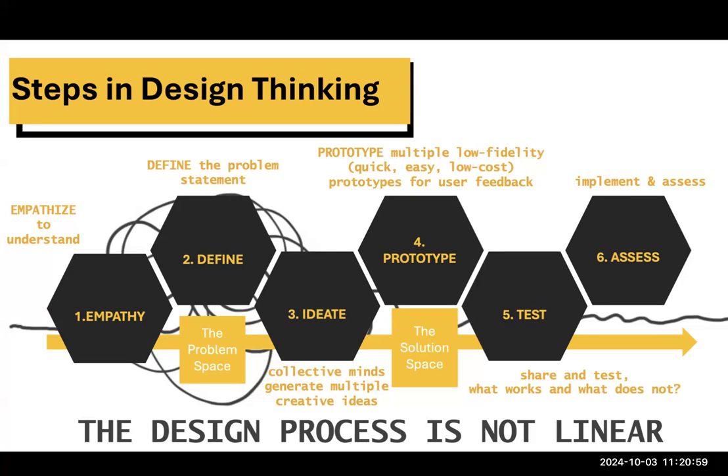The second step is to define the problem statement, to really dwell in the problem and be really clear on what the problem is that you're trying to solve. Okay, and we do that usually by having a very clear how might we? How might we engage the community with a specific technology?